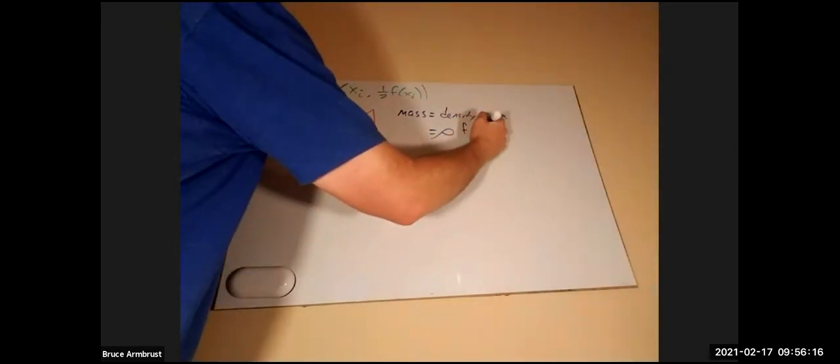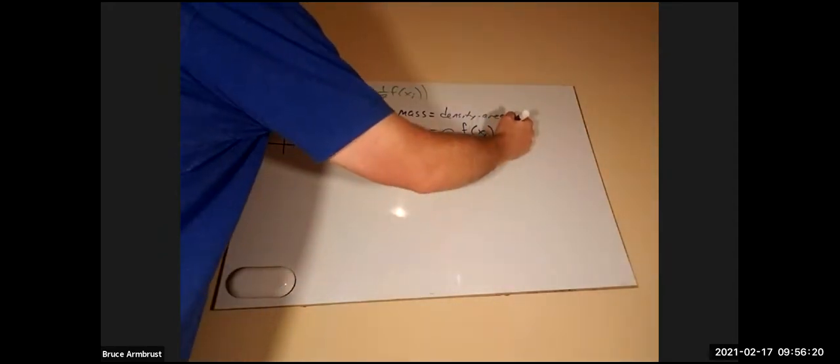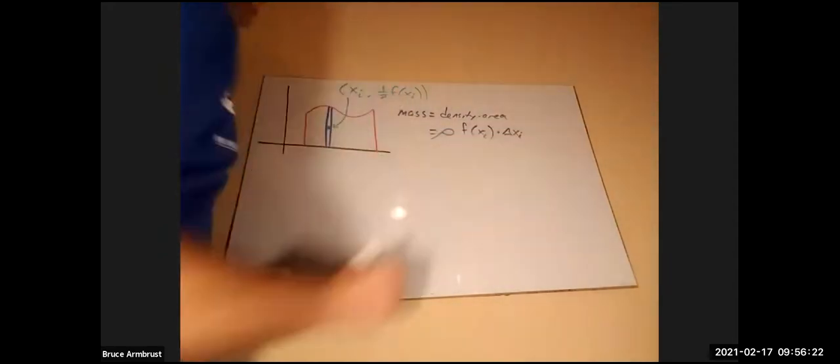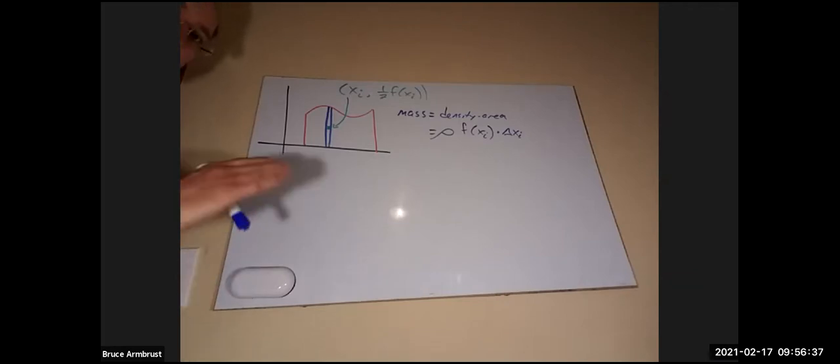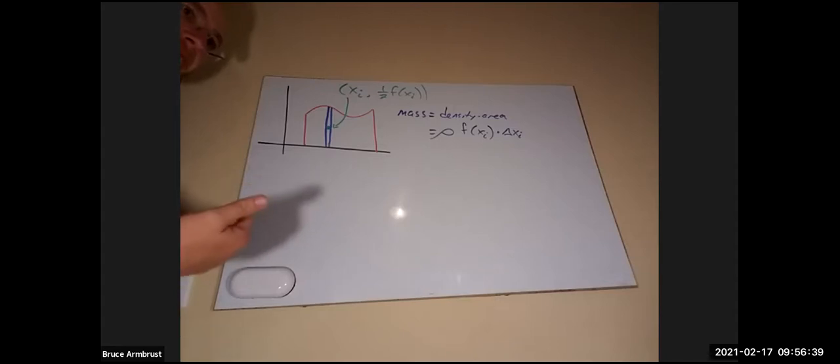So its height is f of xi, and its width is delta xi. So that's the mass of that little piece. All right, so that's everything we need to know about that strip. We've got its mass, and we know where its center of mass is.